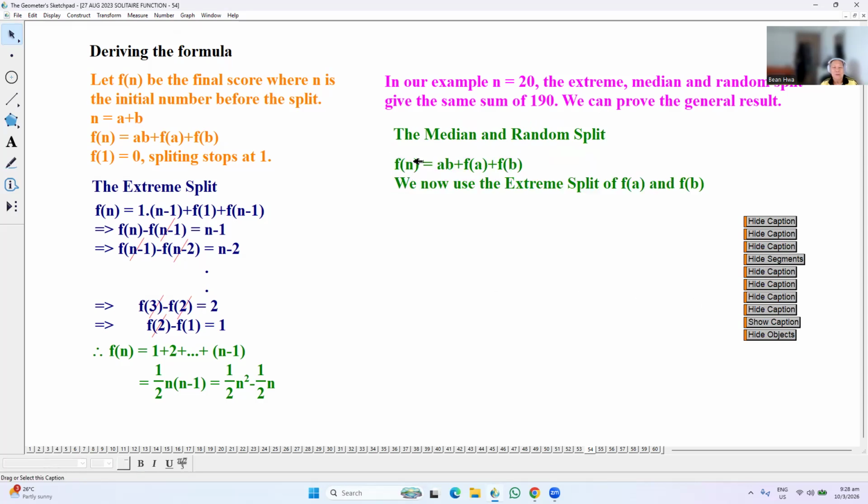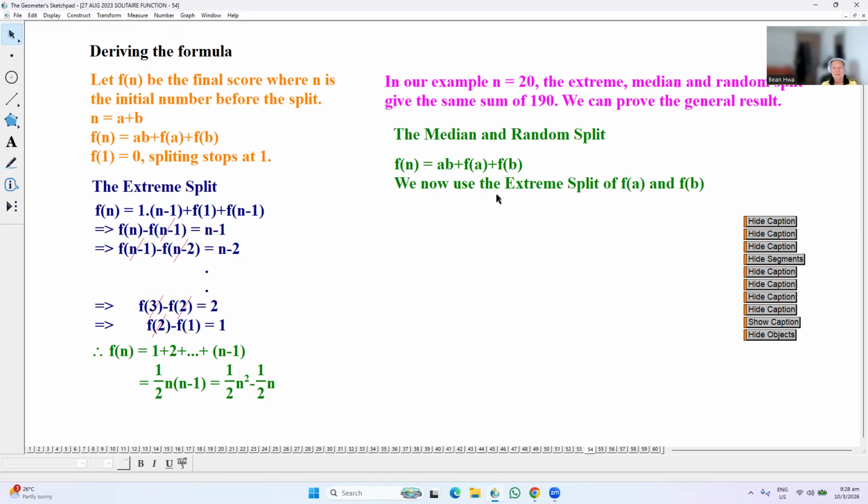In the median split, we have A and B closest to the median. In the random split, A and B are any two numbers. So we are going to prove the result for both splits at the same time.